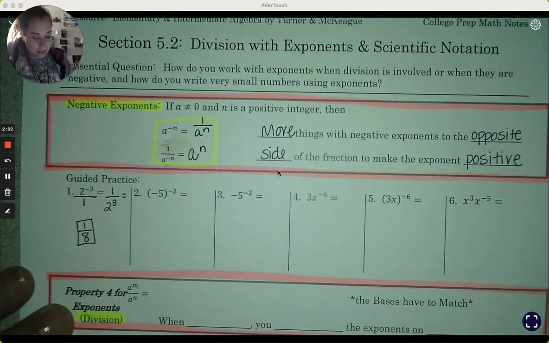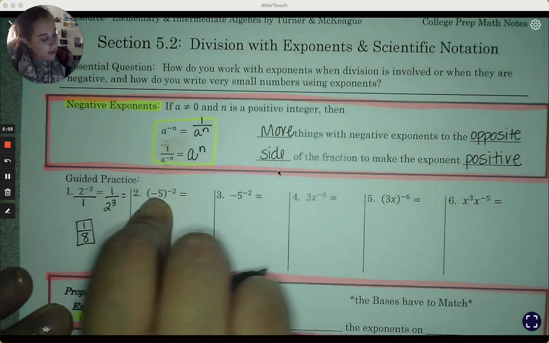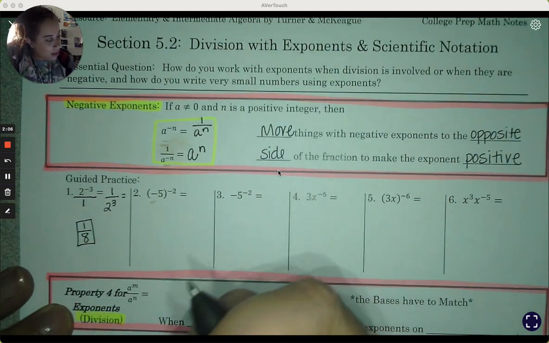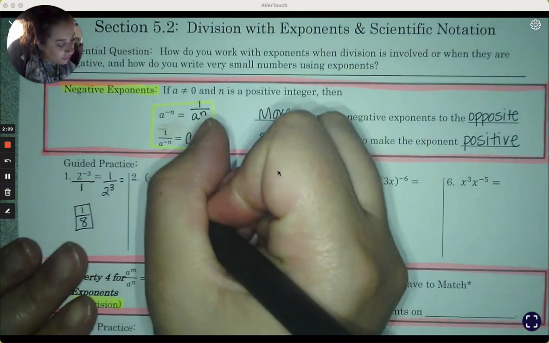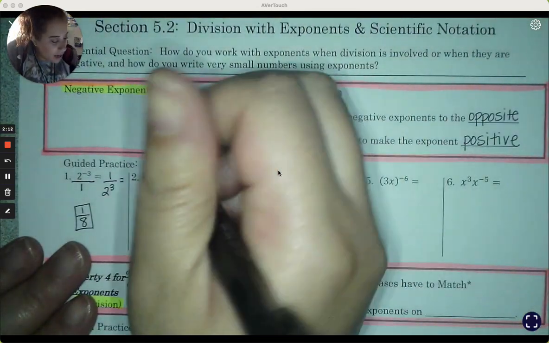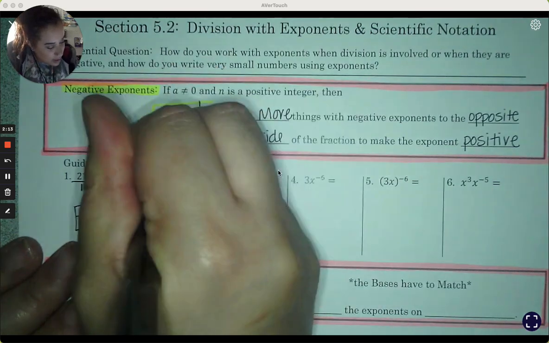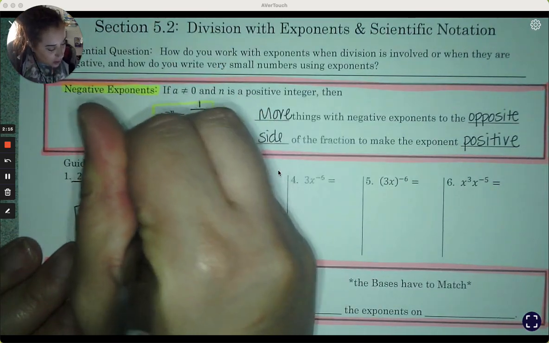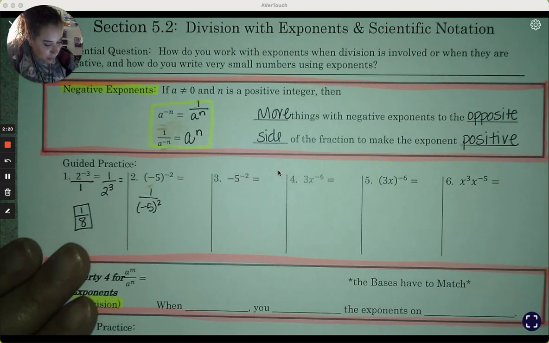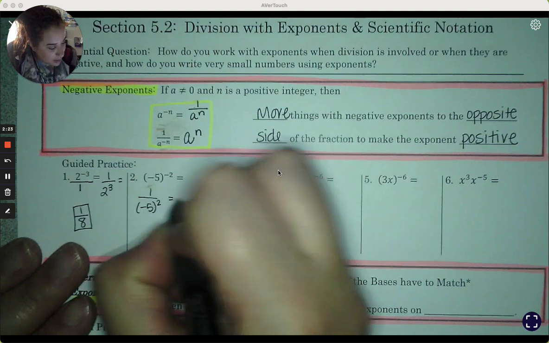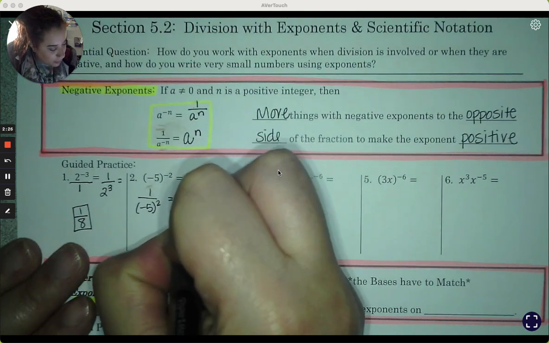Okay? So we have negative 5 to the negative 2 power. Oh, I know what that is. All right, so negative 5 to the negative 2 power is the same thing as 1 over negative 5 squared. Okay? And that's 1 over 25.